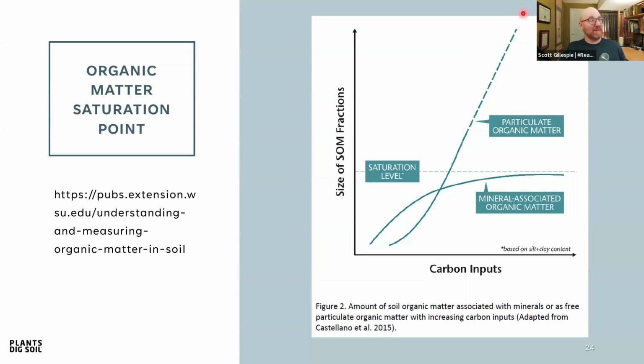But this stuff doesn't last as long. Could be only months, it could be years. So the focus is on building your organic matter as much as you can. But the long lasting stuff is this mineral associated.